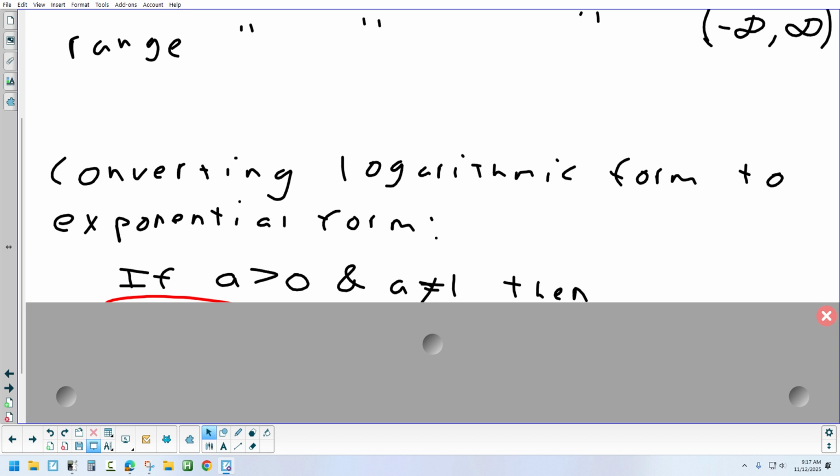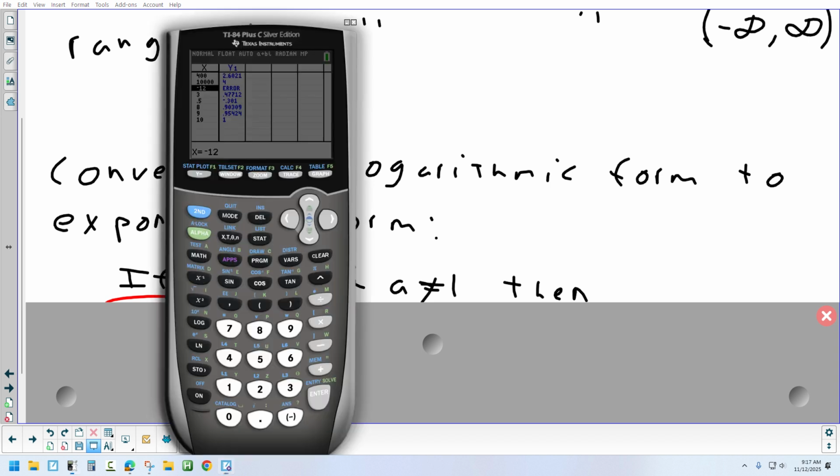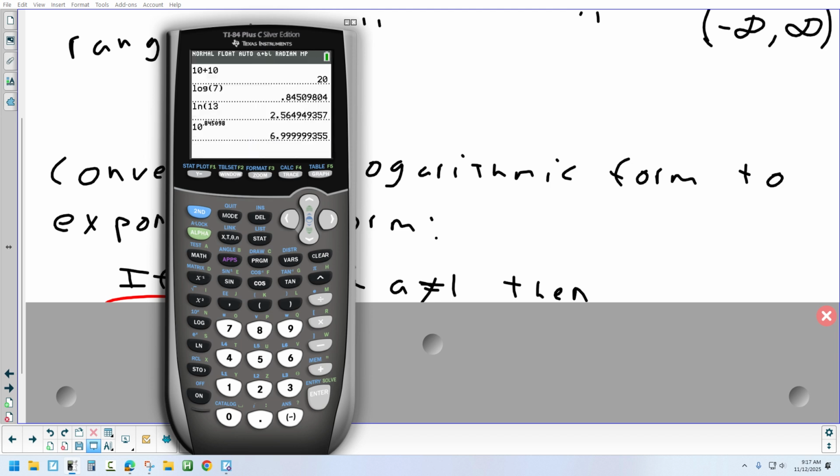Since logarithms only have a domain greater than 0, that's all we're going to consider here for the values I'm about to use. Okay, values greater than 0. If you try to take the log of a negative number, it's not that you can't do it, it's just that it comes out imaginary. Imaginary logarithms would be like imaginary exponents. It's generally not something that we're going to look at in this class.